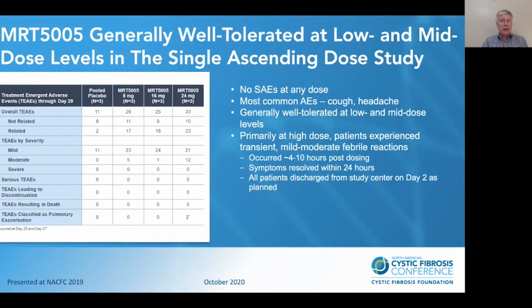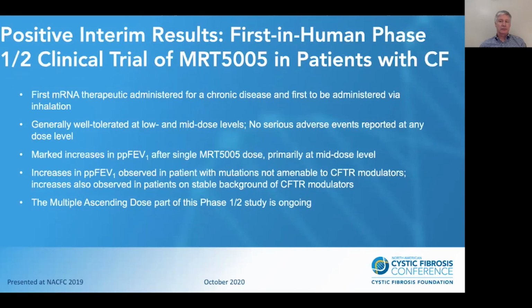There were transient febrile reactions observed, mainly in the high dose group, with symptoms occurring 4 to 10 hours after dosing, resolving within 24 hours, and patients leaving the study center as planned on day 2. So generally, 5005 was well tolerated at low and mid-dose levels.